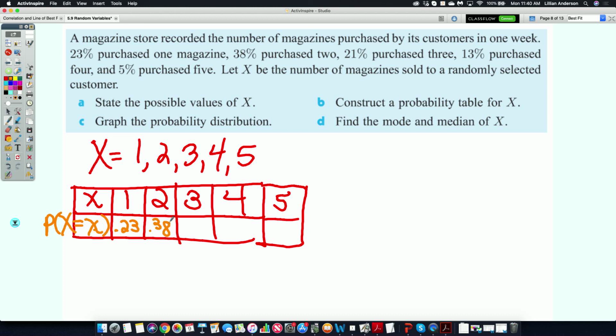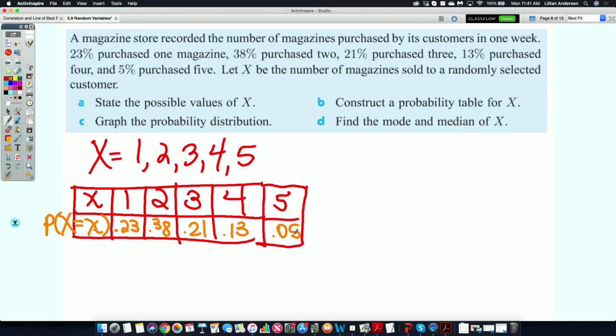What about for 3 magazines? 0.21. 4. 0.13 and 5. 0.05. Okay? Simple as that. And remember, all of your probabilities should add up to equal 1. Double check. That is 61, 82, 95, and then yes, 100.